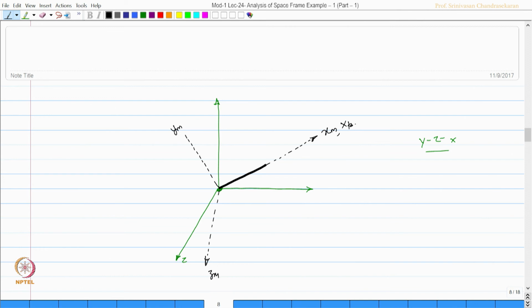Let us say if this is my x beta, which I am marking in red color, this is my x beta, this becomes my y beta, and this becomes my z beta.